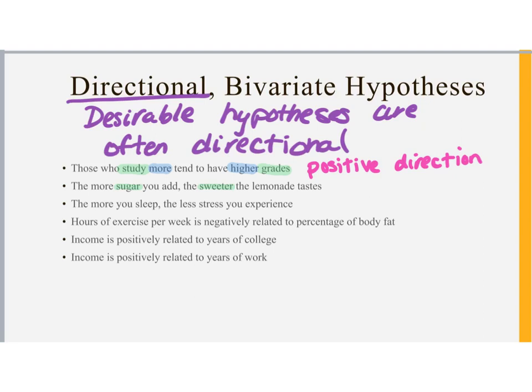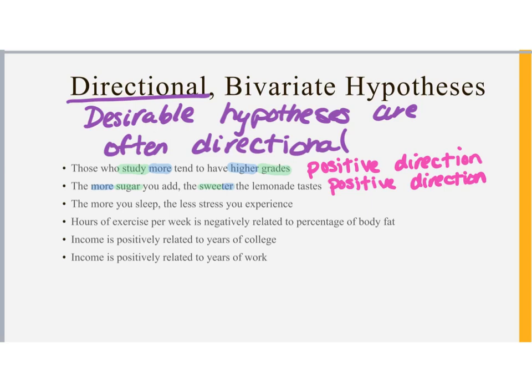Now let's look for indication of a direction. Well, we're seeing more sugar and sweeter, that ER at the end indicates more. So we have more sugar connected with more sweetness. So again, we have a positive direction. Next, the more you sleep, the less stress you experience.